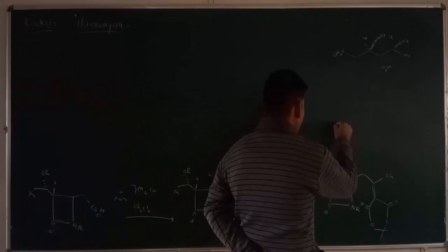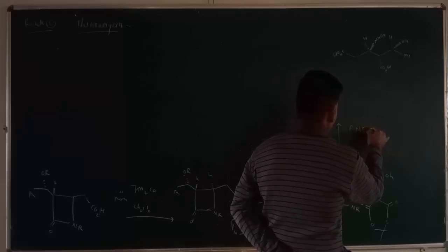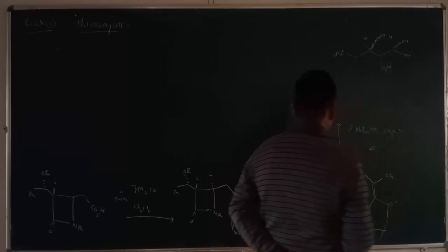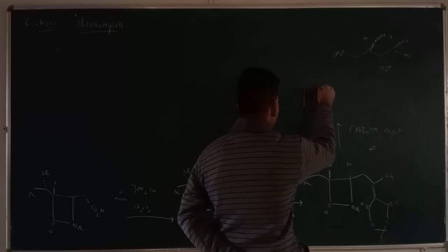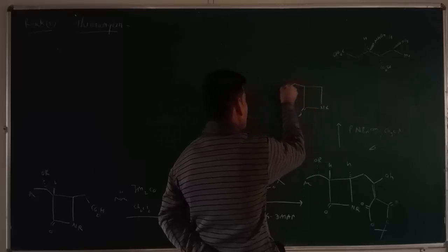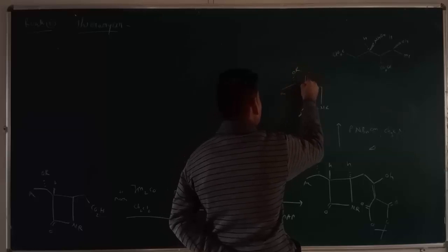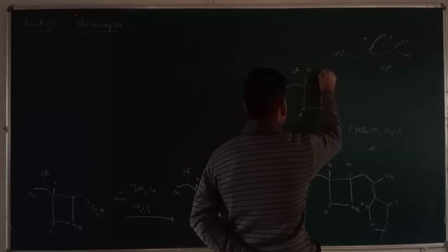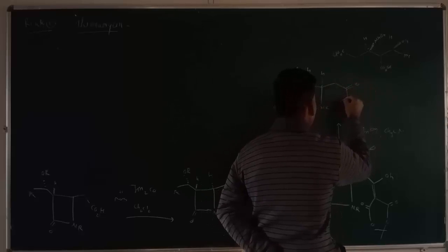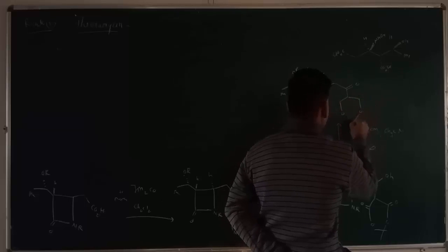In the further step, we can treat this compound with para-nitrobenzyl alcohol in the presence of acetonitrile, CH3CN, and if we heat this compound, we get another type of intermediate, and that intermediate contains such type of functionalities. So here is a carbon, OR group, this is methyl, this is hydrogen above the plane, this is hydrogen below the plane, and here it gives a carbonyl group, and then it has such type of functionalities.